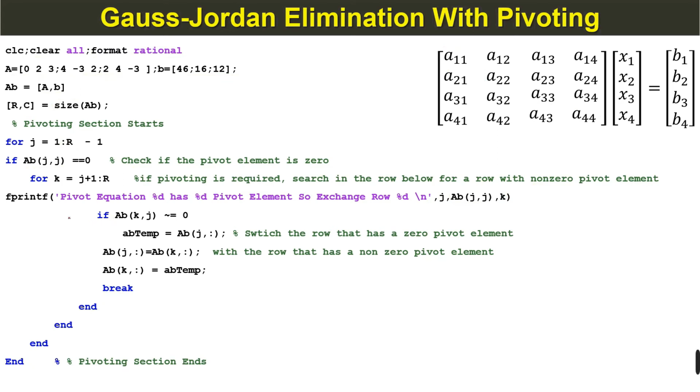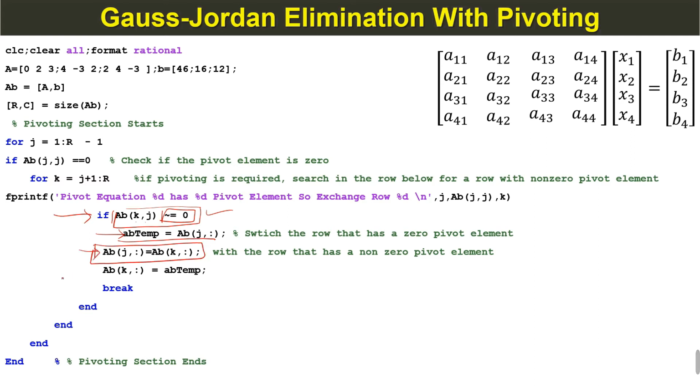We check if A(k,j) is non-zero, and if so, we switch both these rows.